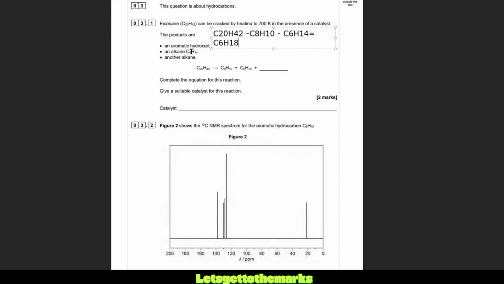Now, I reckon quite a few people might have written that as their answer, but you would be wrong because there are no alkanes with the formula C6H18, and you should know off by heart that alkanes have the general formula CnH2n+2. So this cannot be our answer.